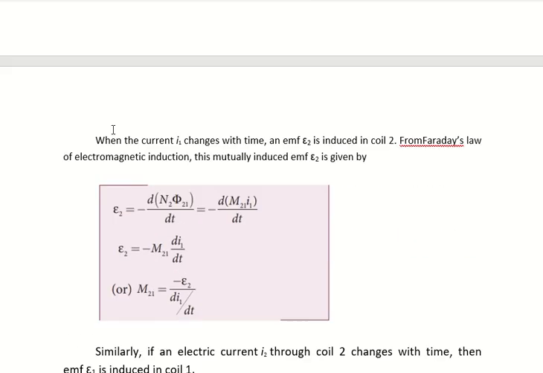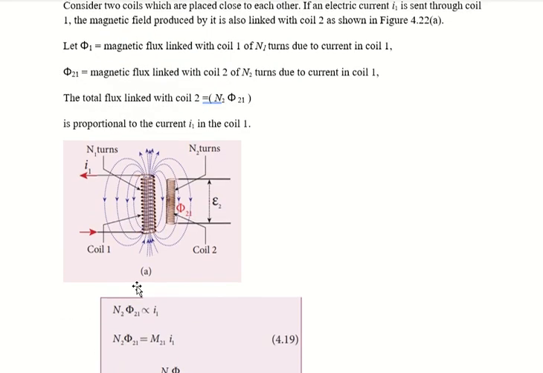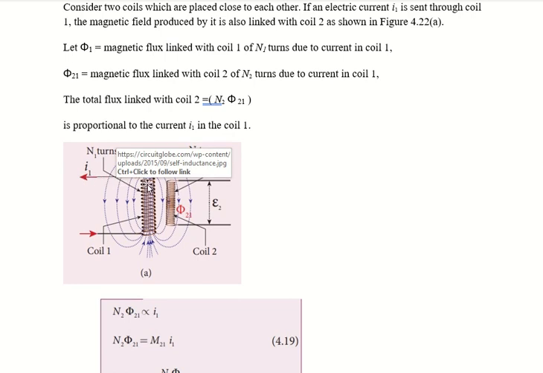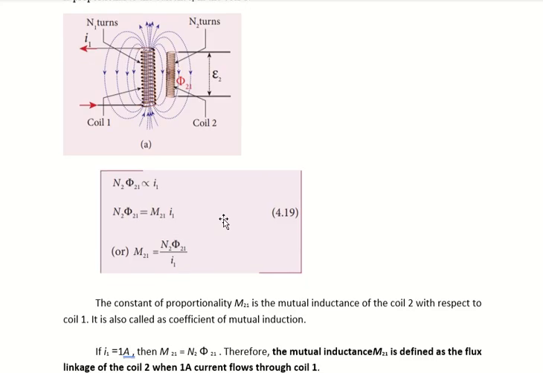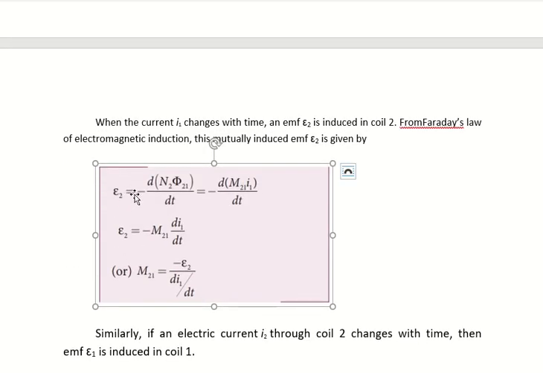Next, see the EMF induced. We consider the first figure. You are passing current in the first coil, so an EMF is induced in the second coil. So what is the EMF induced in the second coil? As per Faraday's law, E2 equals minus N into dφ by dt, that is d by dt of N2 φ21, number of turns in the secondary coil into flux linkage of the second coil due to current in the first coil.